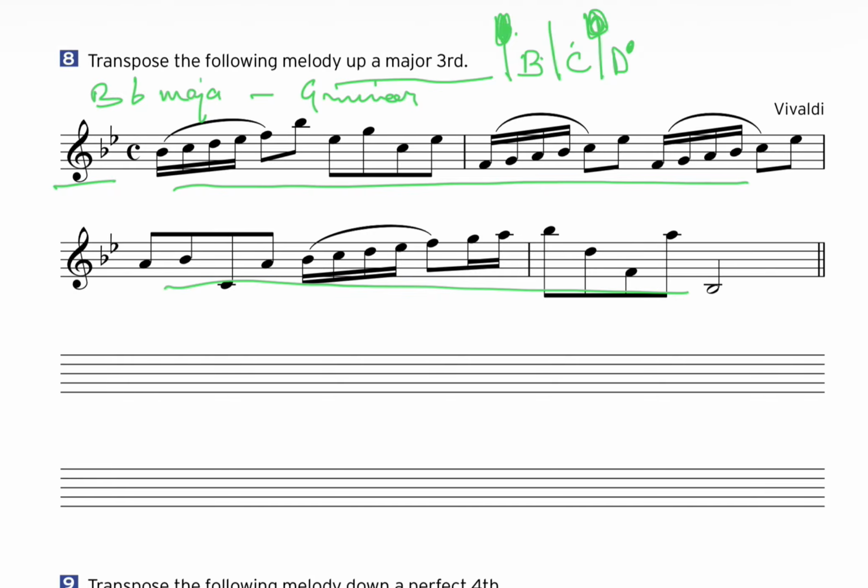So D major is where we finish, and the D major key signature has 2 sharps, that is F sharp and C sharp. And let's transpose them up.